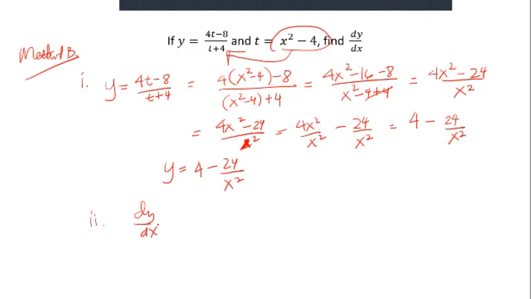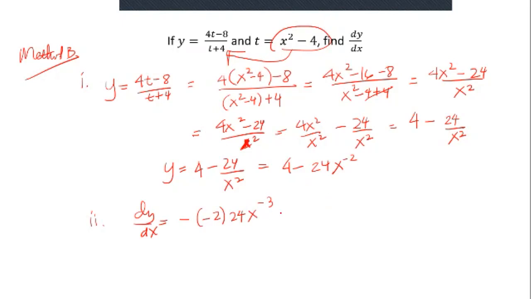So dy over dx. The derivative of 4 is 0. By the way, we can express this as 24 times x raised to negative 2 to make it easier to get the derivative. So let's continue. The derivative of 4 is 0. The derivative of negative 24 x raised to negative 2 is negative 2 times 24, x raised to negative 2 minus 1, which is negative 3.